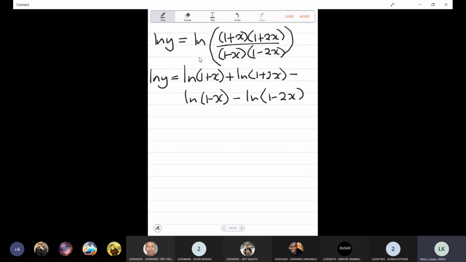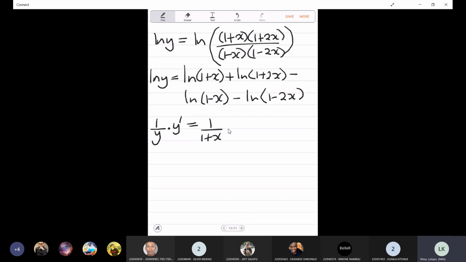So to differentiate ln of y, remember y is a function of x, so ln of y, its derivative is 1 over y, and then you multiply by the derivative of y, which is y prime. And then the rest, we differentiate them normally. Ln of this is 1 over 1 plus x, and then you multiply by the derivative of 1 plus x, which is 1.